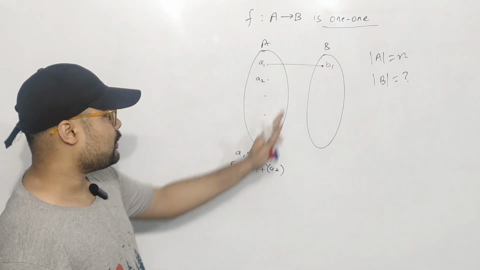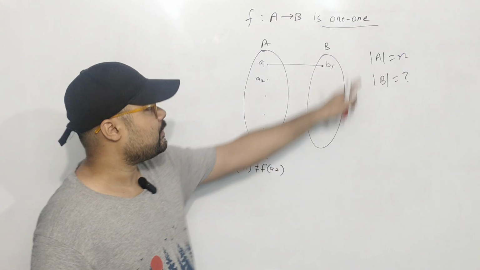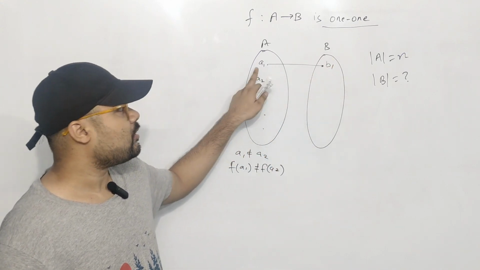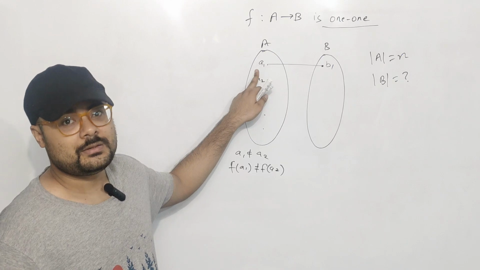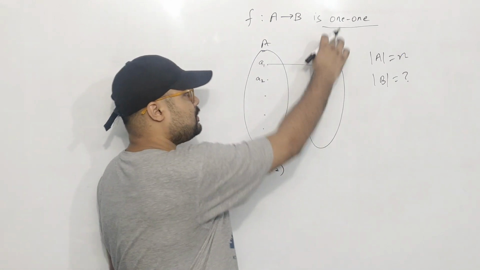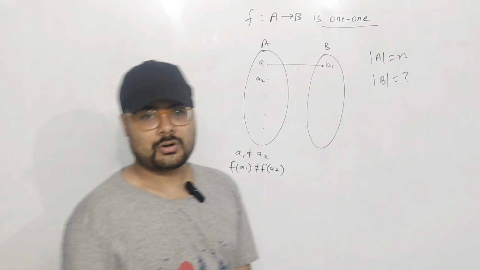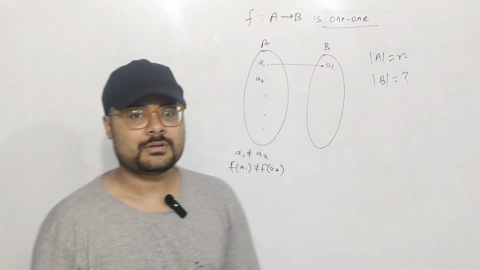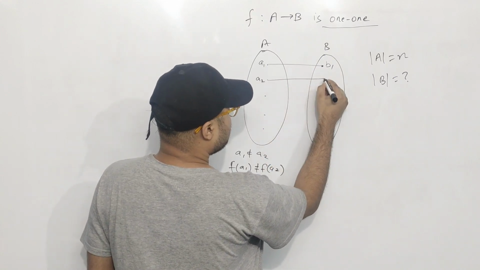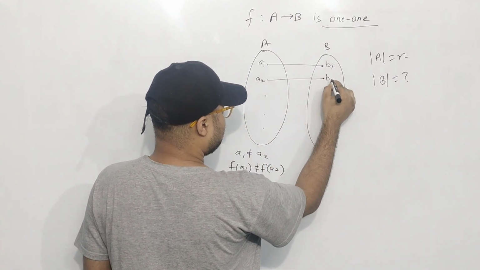In your 1-1, from B's perspective, every element of B will have a unique pre-image if it has a pre-image. In 1-1, any element of B may or may not have a pre-image. If it has a pre-image, then it's a unique one. So A2 will be mapped to some other element, but not B1, B2.